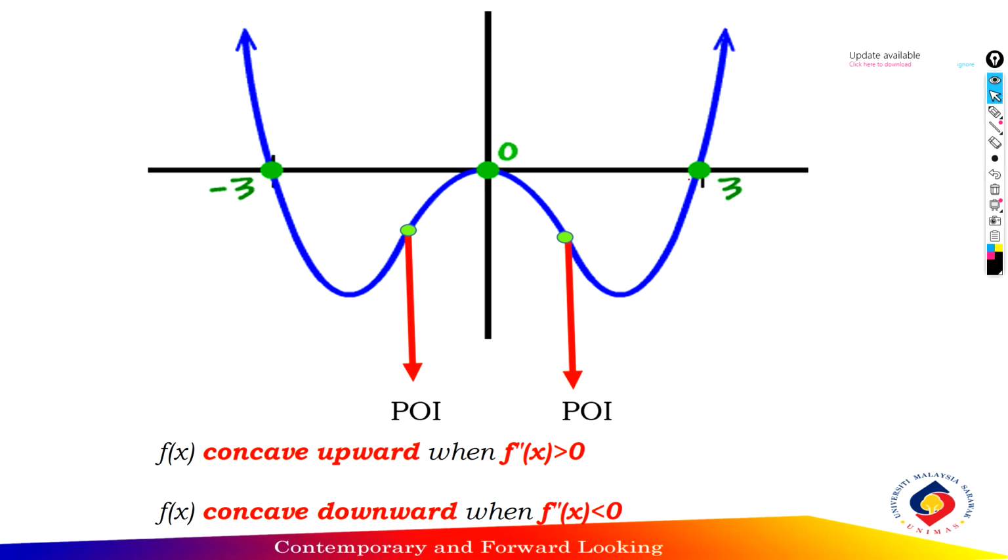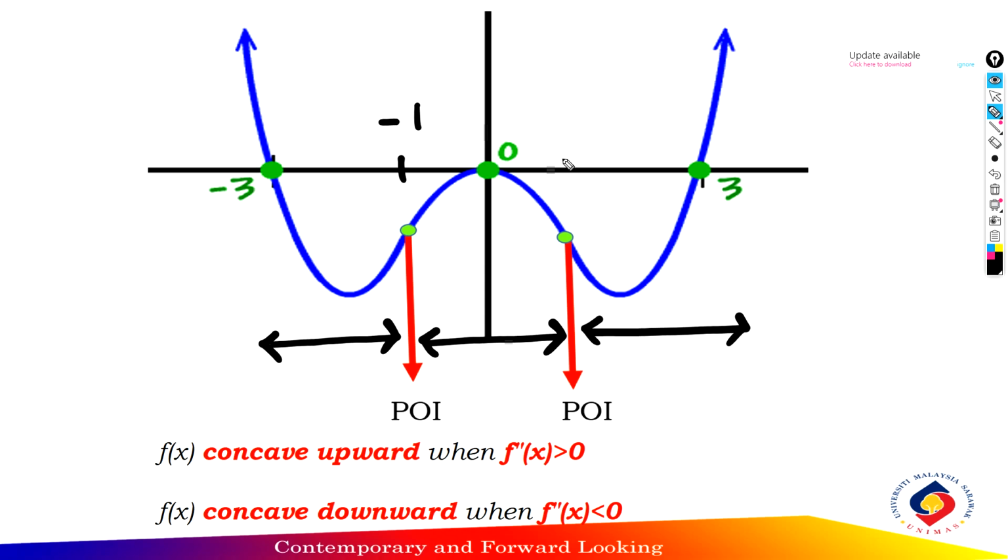From the left of the function, you put the first interval, the second interval, and the third interval. So the first interval is between maybe x equals -1, and the second value of x equals +1.